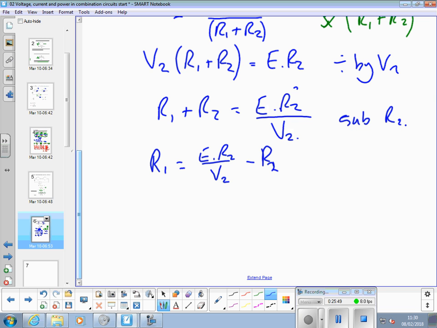Yeah, now we can put our numbers in. The value of resistor we want is E, which was 45 volts, times R2, 50 ohms, divided by V2, 18 volts, minus the value of R2, 50 ohms.